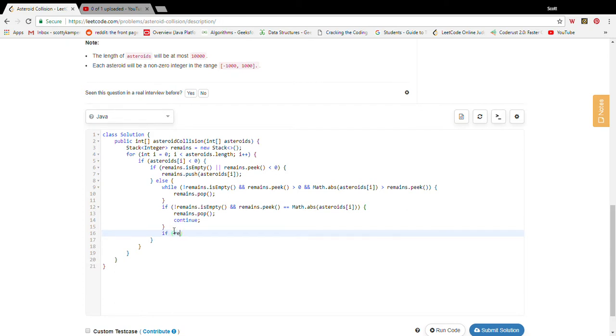And then down here, we're going to actually check if remains actually is empty, or the element at the top of the stack is less than 0. In that case, we will just push it.